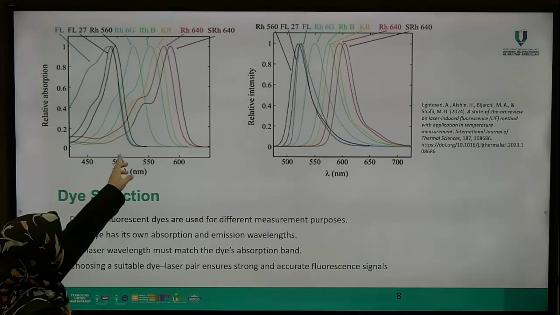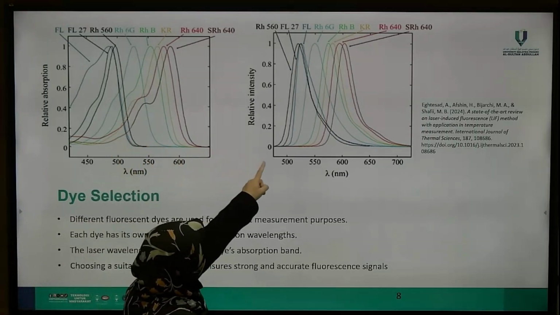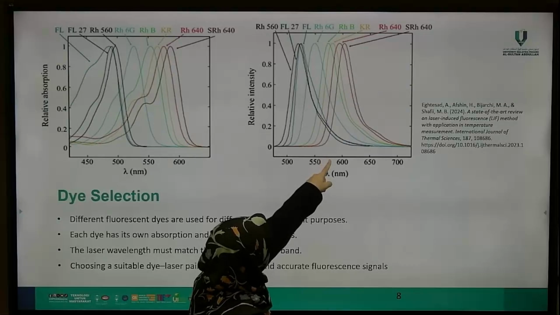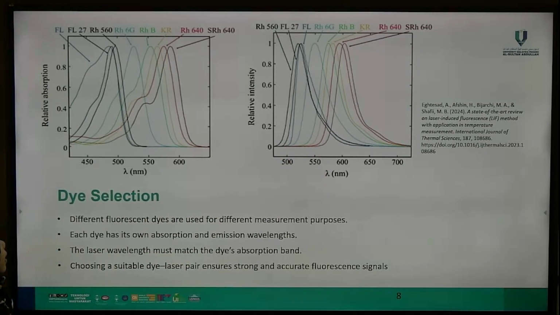That green one, rhodamine B, will fluoresce at nearly 600 nanometer wavelength. So the fluorescence will be at a longer wavelength than the absorbed spectrum. So you can choose which one you want to measure.